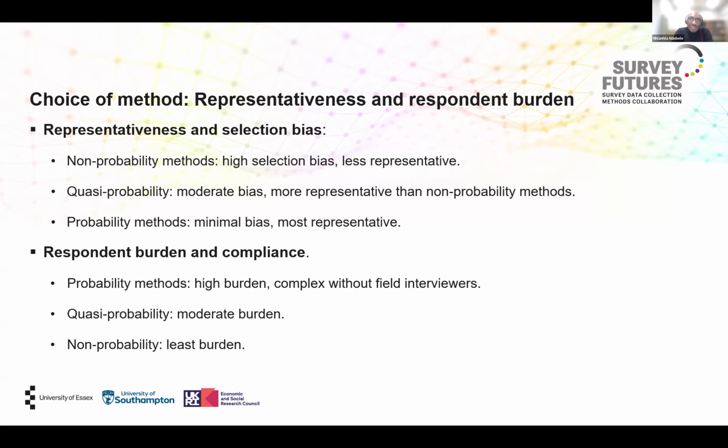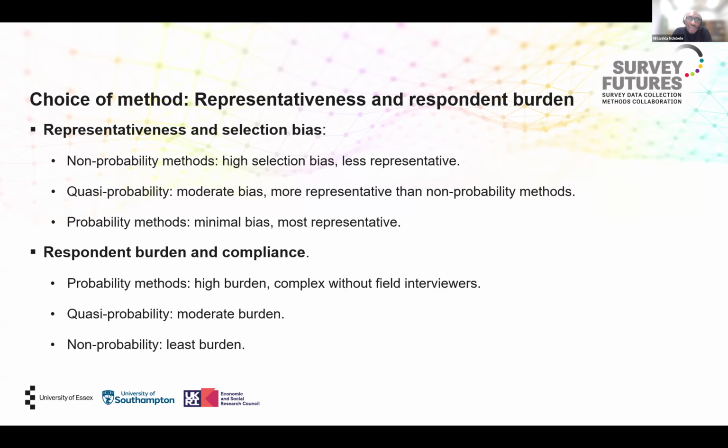Now, in terms of representativeness and selection bias, Peter has already covered some of these, so it's covering a bit of old ground. But for non-probability methods, these have high selection bias, and they do tend to present samples that are less representative. Then quasi-probability methods have moderate bias, but they present slightly more representative samples than non-probability methods.